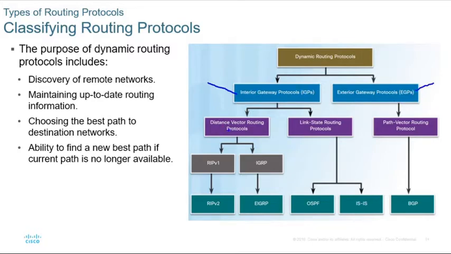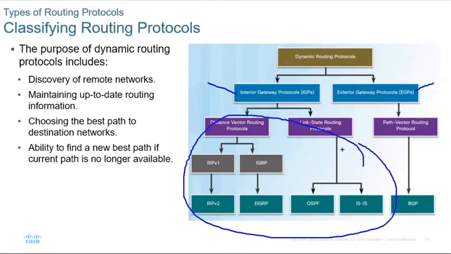Now, moving on, we're going to differentiate the routing protocols under IGPs, because as a network administrator, it's more likely that you will be configuring autonomous system routing within your company's or organization's network.